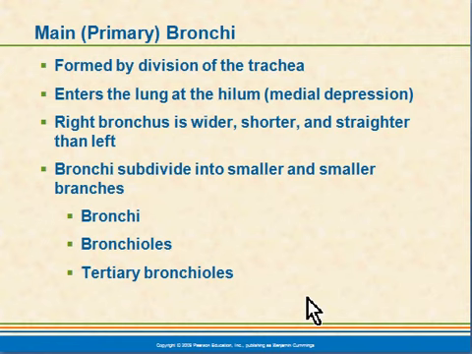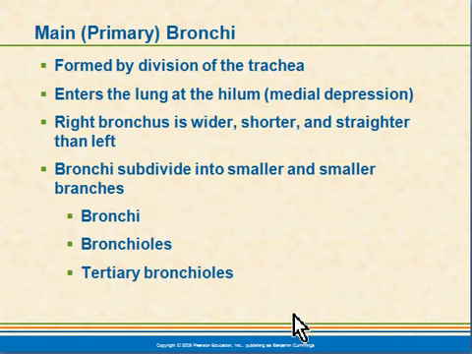Bronchi are divided progressively smaller, and we're going to see the sequence here, but we go from primary bronchi, to secondary bronchi, to tertiary bronchi, to bronchioles. Ultimately, we get to terminal bronchioles, and then alveolar sacs, and so forth.